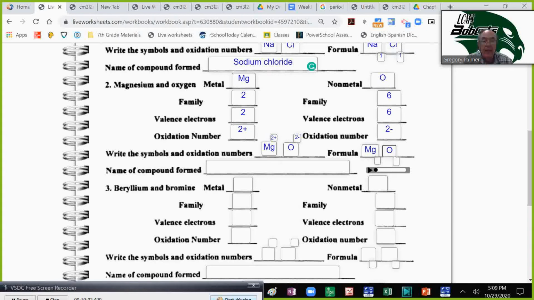And the little trick that I gave you was you take this 2 and you put it down here, and you take this 2 and you put it down here. But we can simplify this. They're both 2, so we can simplify this to 1. And when the numbers are the same like this, you simplify to 1. And I put a little clue right here in the worksheet.